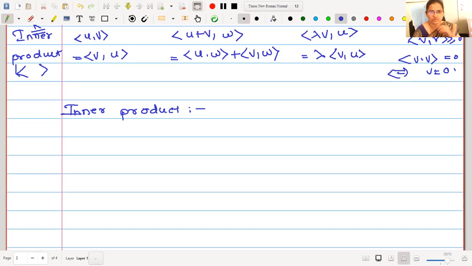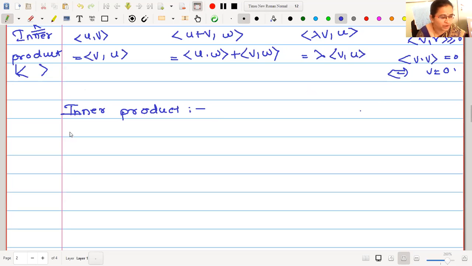The inner product allows the rigorous introduction of intuitive geometrical notions such as the length of a vector and the angle between vectors, and is the generalization of Euclidean spaces. Therefore, let us try to understand the definition.